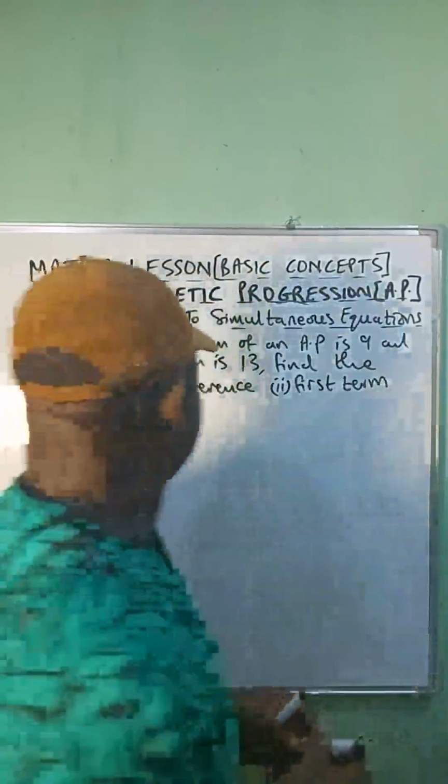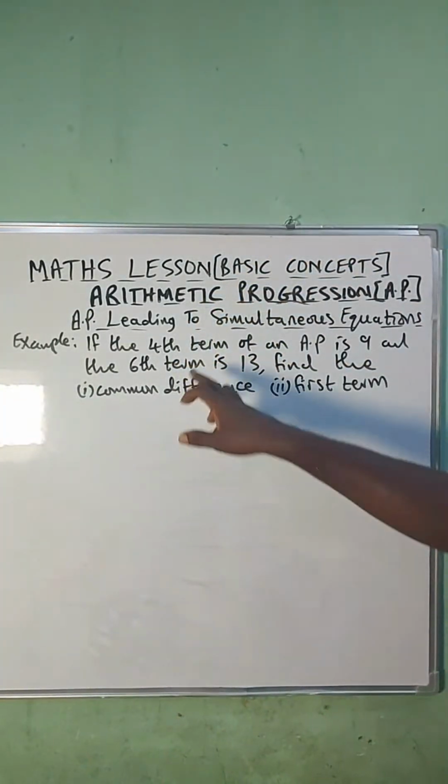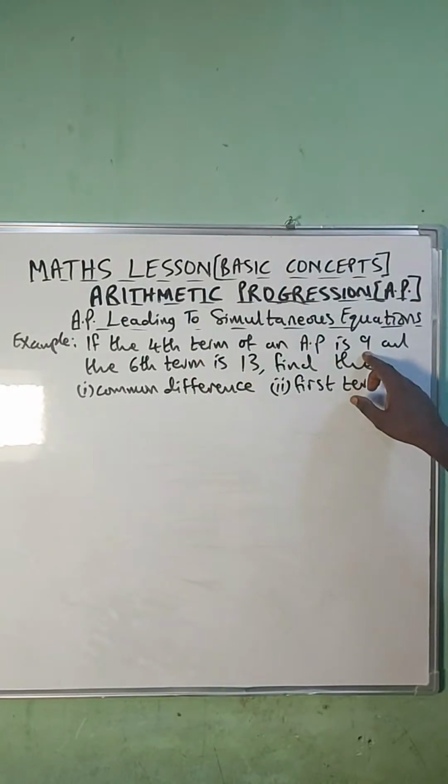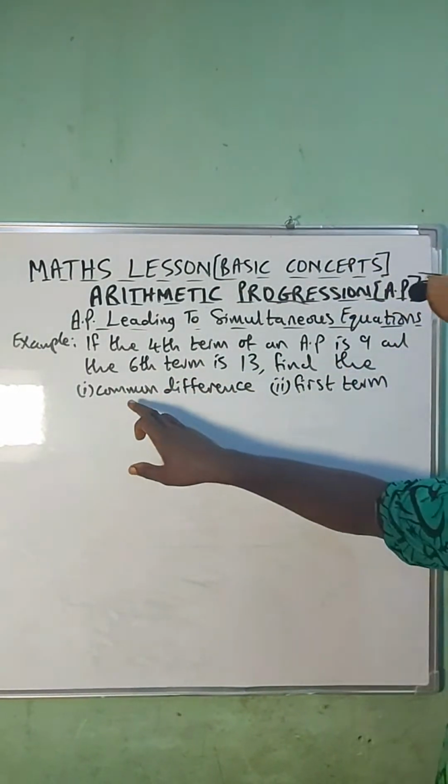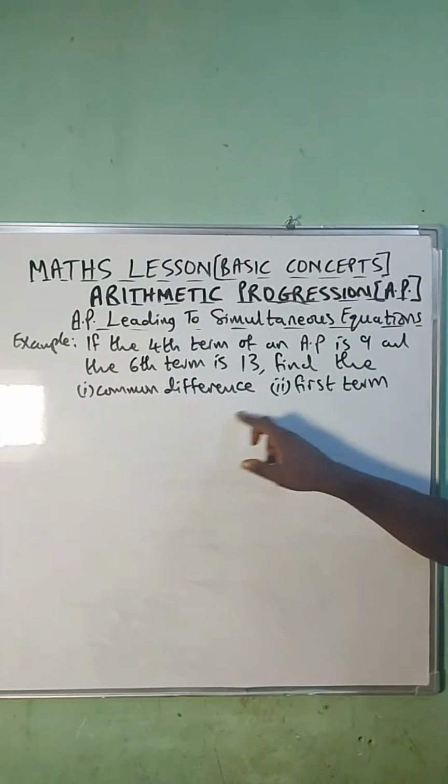So that's the question we have. If the fourth term of an AP is 9 and the sixth term is 13, find the common difference and first term.